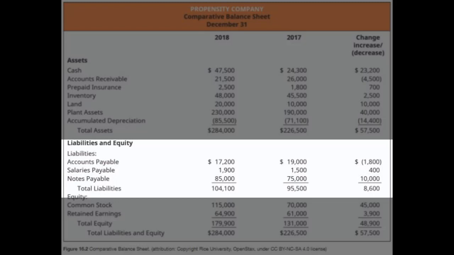Liabilities, it's different. Let's take a look at accounts payable. Accounts payable went down from $19,000 to $17,200 over the course of the last year. Well, if a liability goes down, one plausible explanation is you're paying it off.